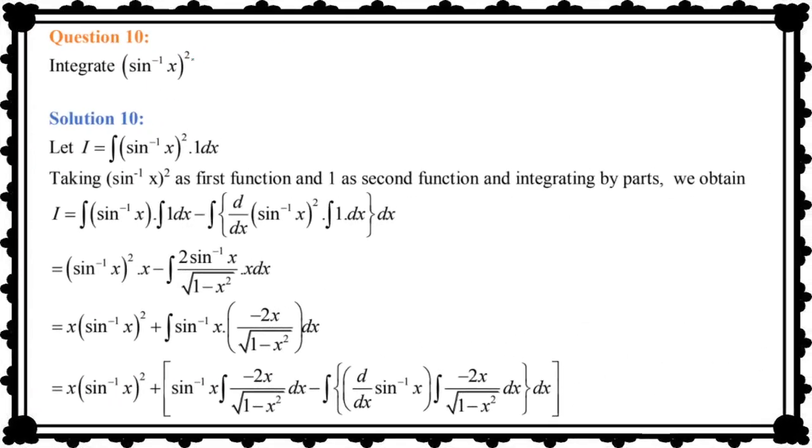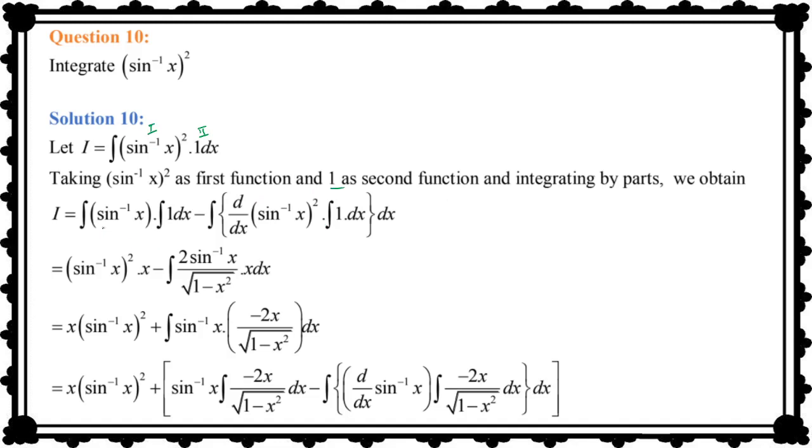Now sine inverse x whole square, we have to integrate this thing. Whenever, students, you find any one function, then you can definitely write it as 1 into that function for our convenience, right? And then we always take this as the first function because this is an inverse trigonometric function, and 1 will be the second function.